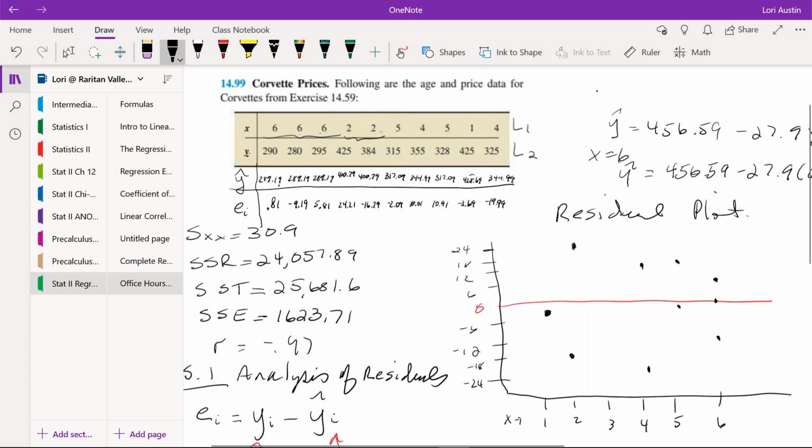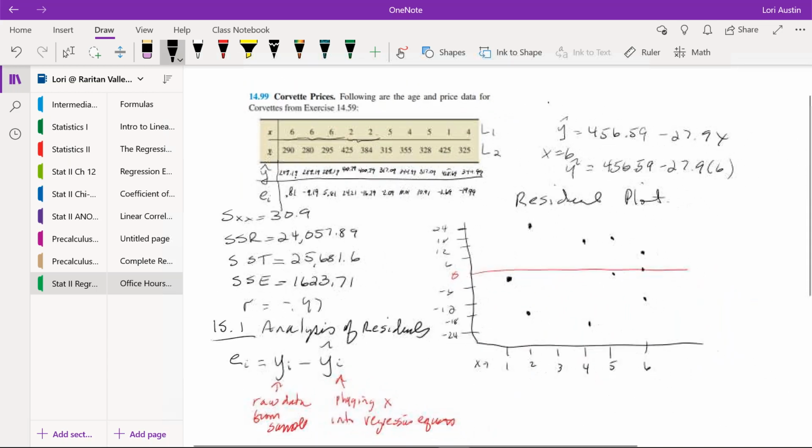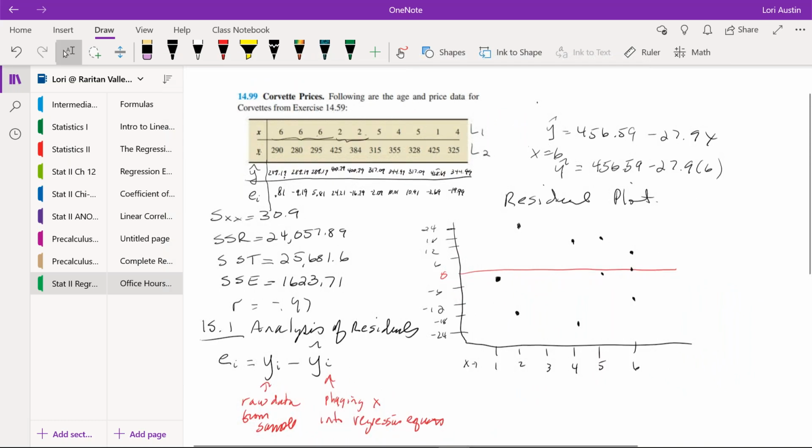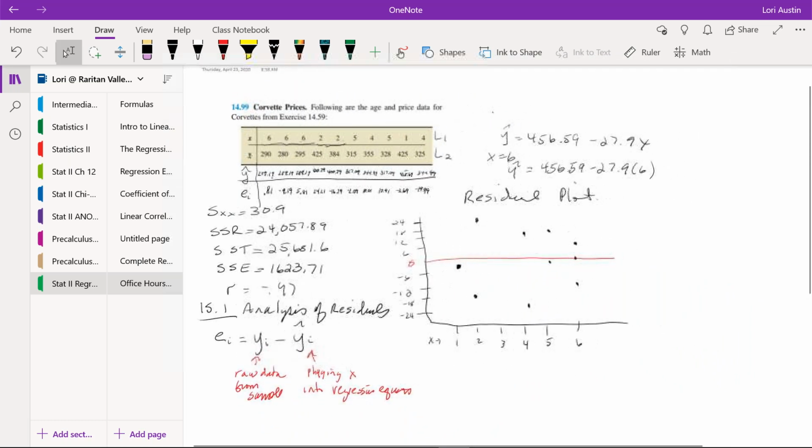And once you have yours done, we can take a look at what this plot means. I'm just going to shrink it up a little bit. I finished. Okay.